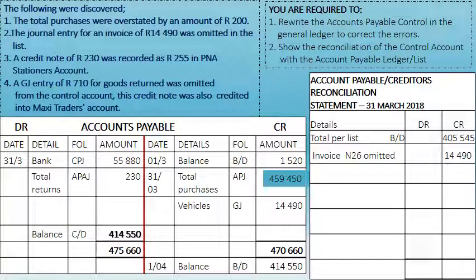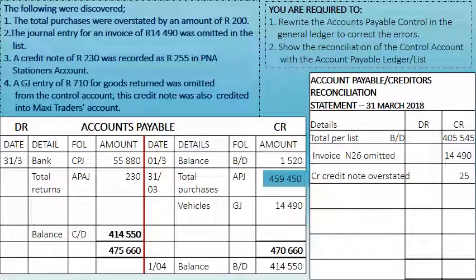The credit note was entered correctly on the debit side, but the amount was overstated. To correct the overstated amount, we will reflect the correction on the credit side. We will therefore show the entry as a credit note overstated, and the overstated amount will be reflected on the credit side as 25 rand.